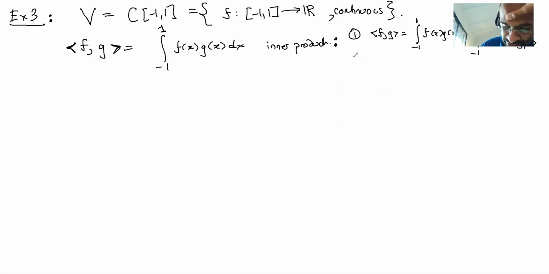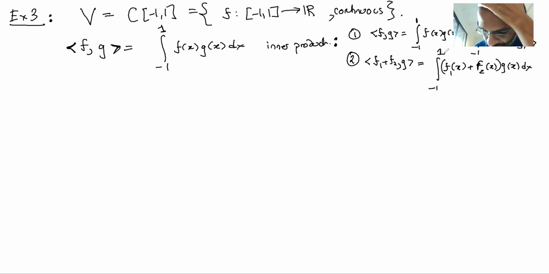But now you do have to check addition and scalar multiplication. So let's check f1 plus f2 inner product g. This is the integral of (f1(x) plus f2(x)) g(x) dx. I want to check whether this is equal to f1 inner product g plus f2 inner product g. What's the next step?